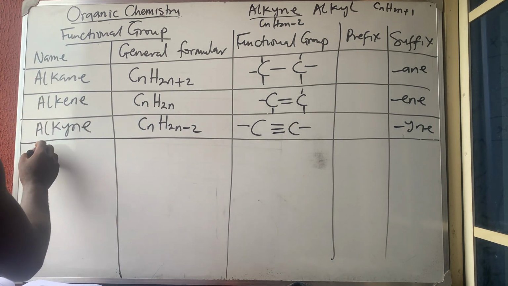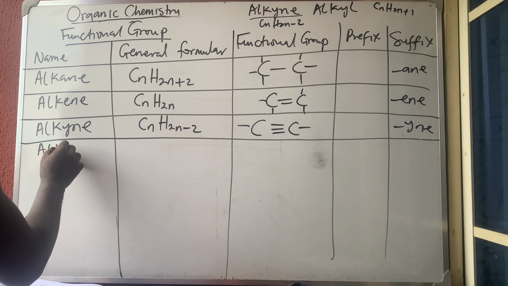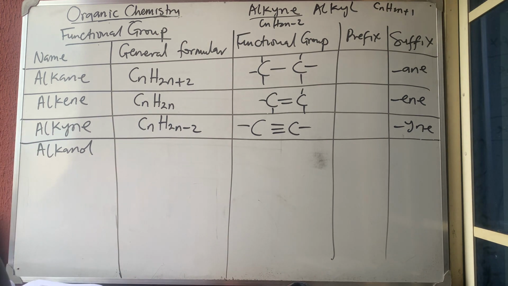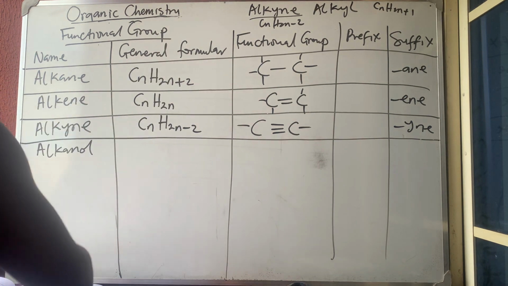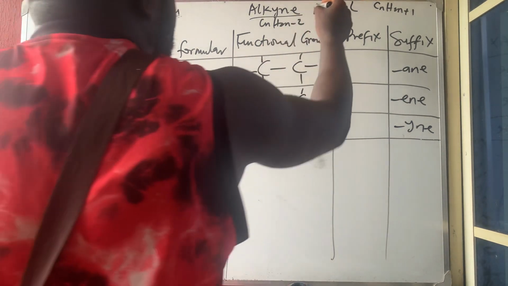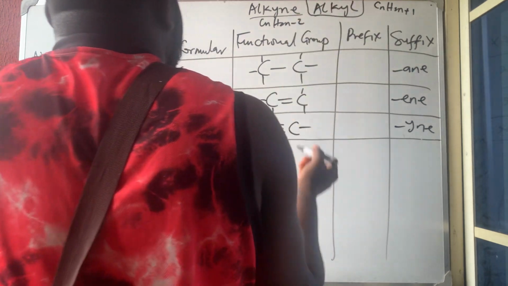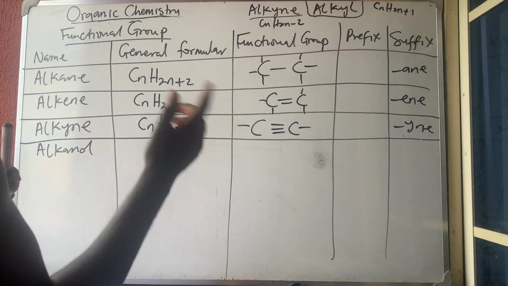So the next one we're going to talk about is the alkanol. That is the OH group. Apart from these three, the rest we are going to look at always use the alkyl group. They use the alkyl family, then attach an OH or any other group to it.